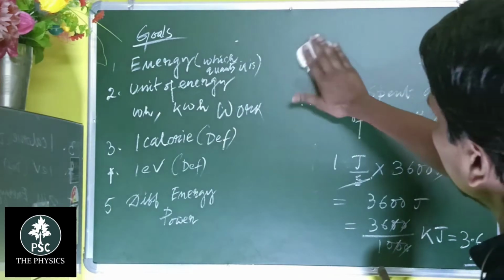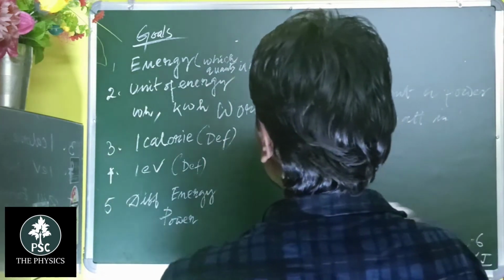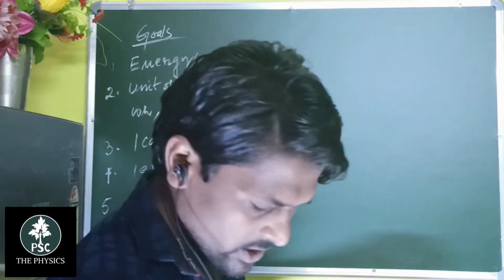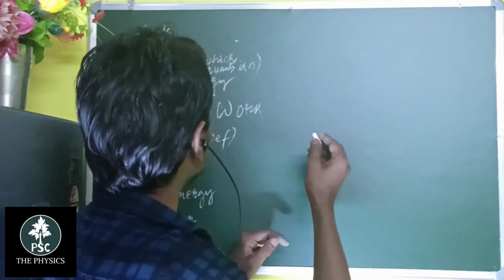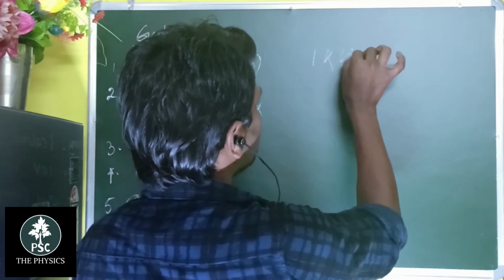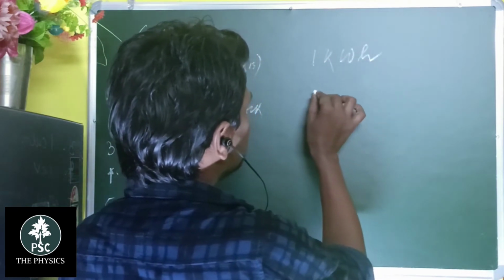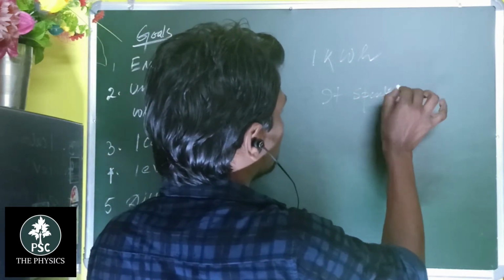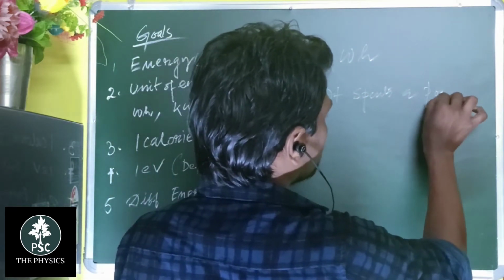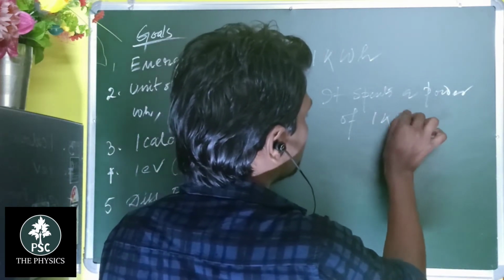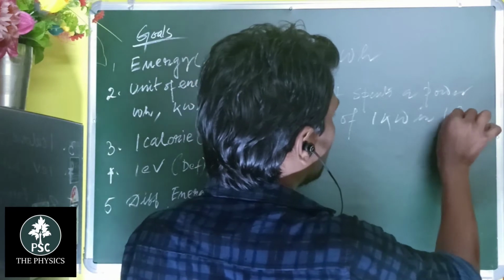And the next one is kilowatt hour. A kilowatt hour means it spends a power of 1 kilowatt in 1 hour.